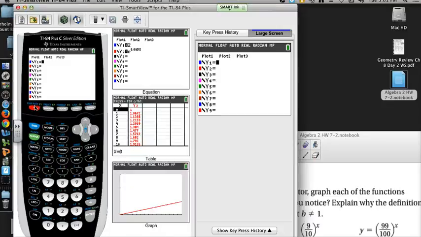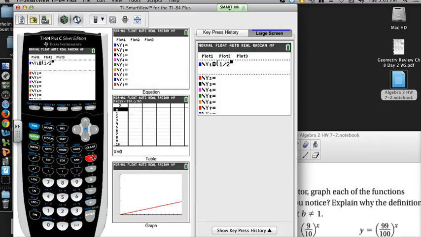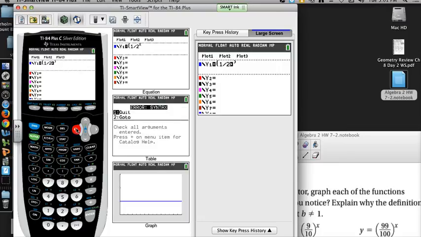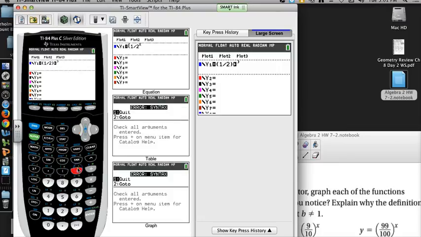But what they're trying to show me here is that we're getting closer and closer to it being 1. So y equals, going to have that 1/2 to the x power. Oops, it didn't grab my parentheses there. All right, let's try this again. There we go.